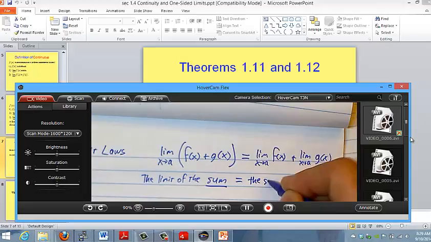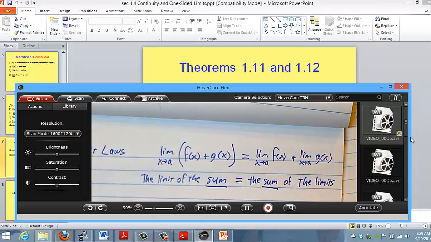The sum of the limits. Okay? You could prove that this is true with the epsilon delta stuff. I don't want to do that right now. I just want to kind of alert you to the fact that this is going to be true.